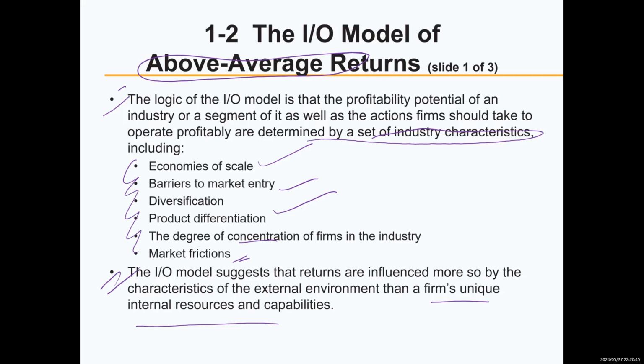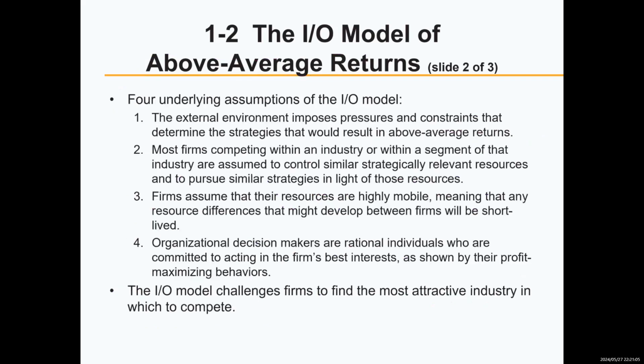In short, the IO model specifies that the choice of industries in which to compete has more influence on the firm's performance than the decisions made by managers inside their firms, right?